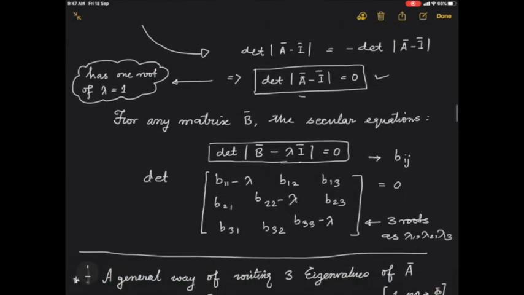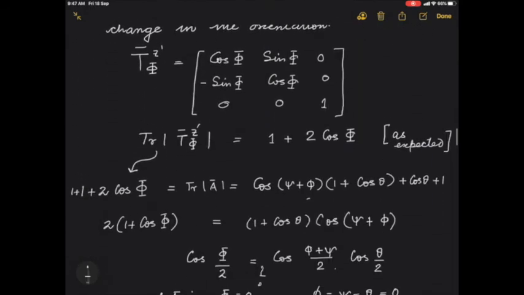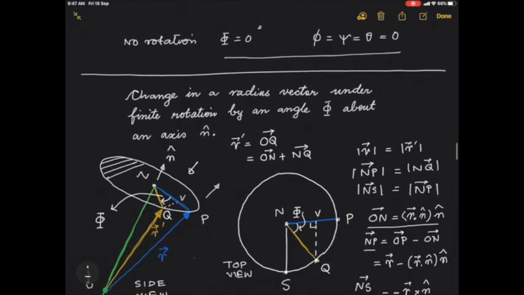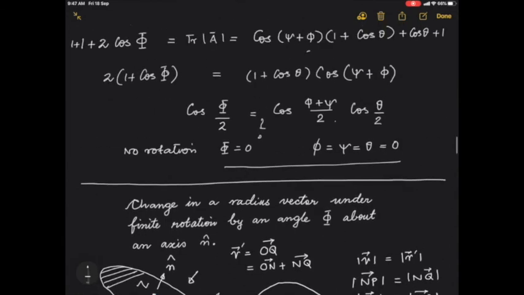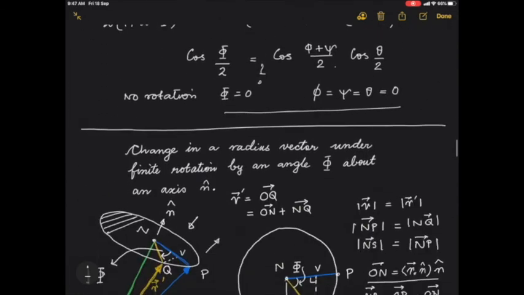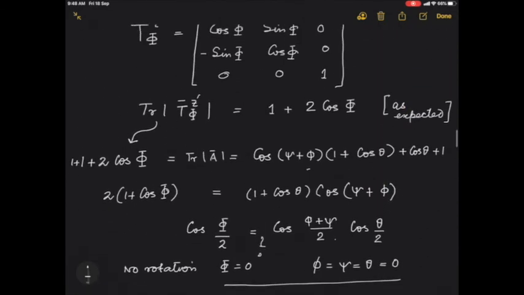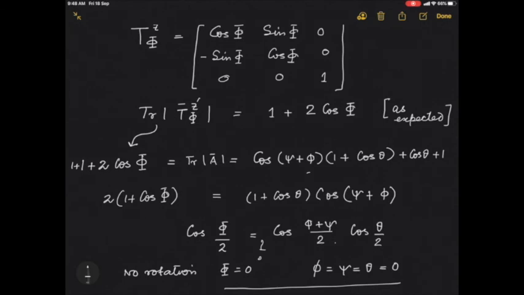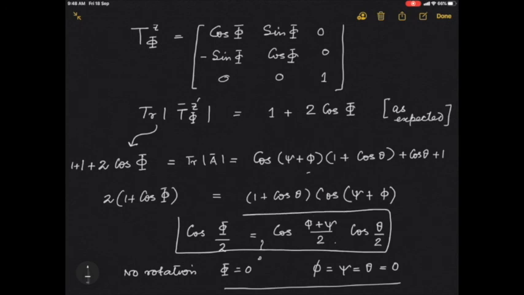What we have done is we started by proving Euler's theorem and realized that any rotation about a fixed point in the rigid body can be written in terms of a rotation about an axis. Then we found the relation between the angle of rotation about this one axis and the Euler angles.